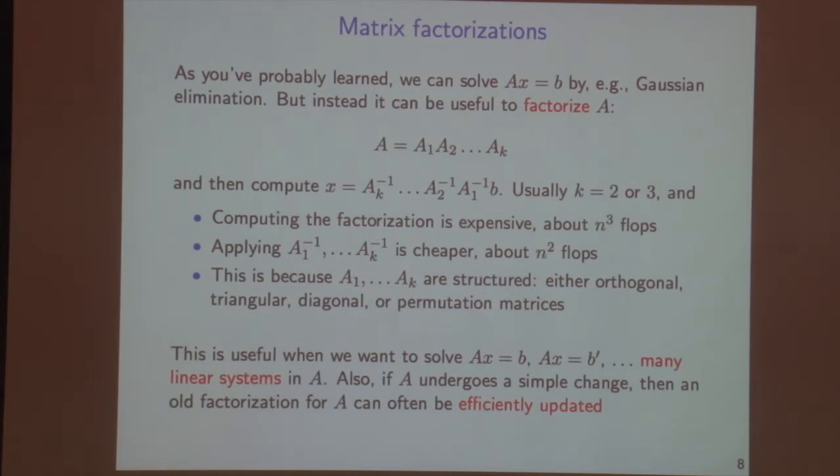If the difference between A prime and A is kind of minor, then we can update the factorization efficiently. So not only does it help us to solve many linear systems where the right-hand side changes, we can solve many linear systems where the left-hand side also changes, as long as those changes aren't too drastic. Like a rank 1 change to A, we can handle. If you give me one more row or column to A, we can handle that kind of thing.